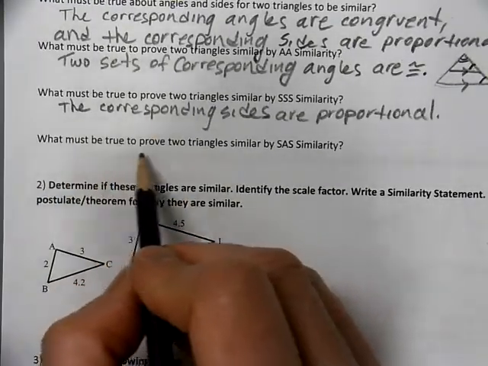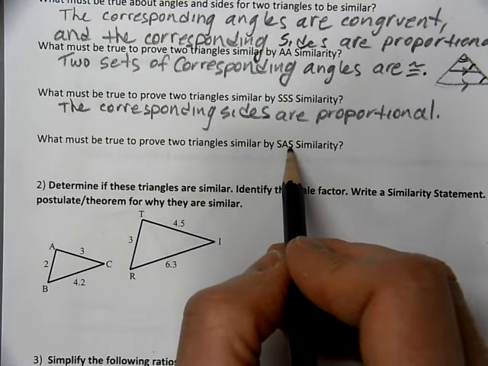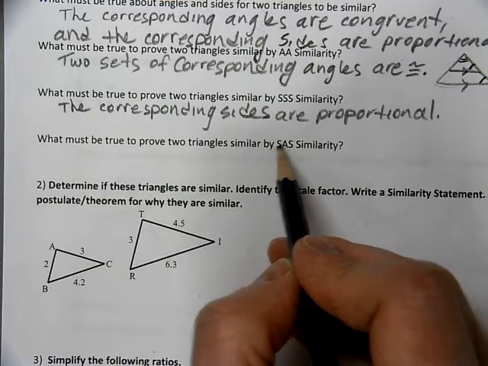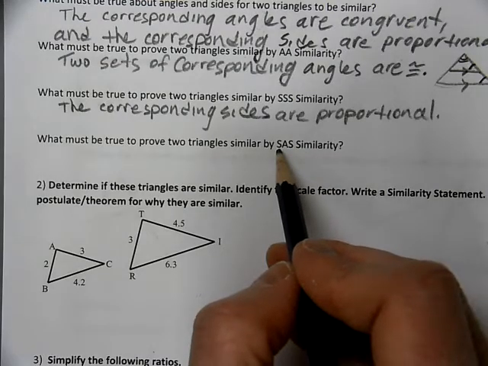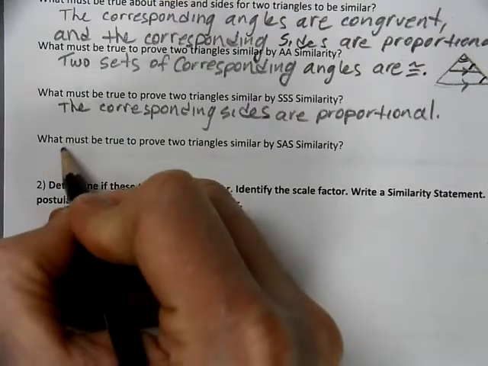What must be true to prove 2 triangles similar by SAS? So these are 2 sets of sides are proportional and the included angles are congruent.